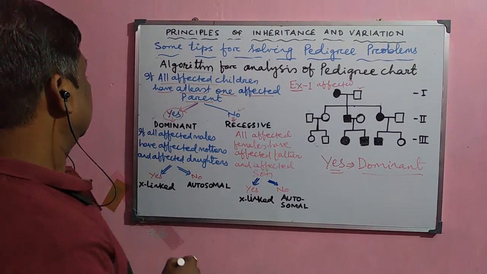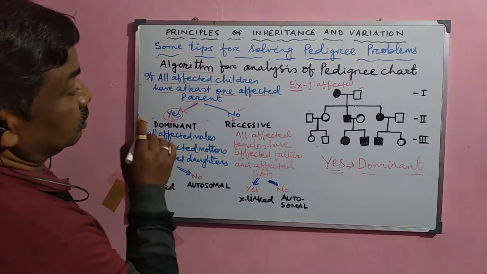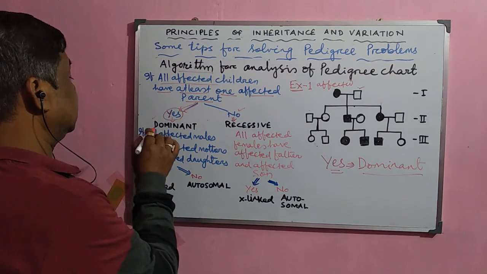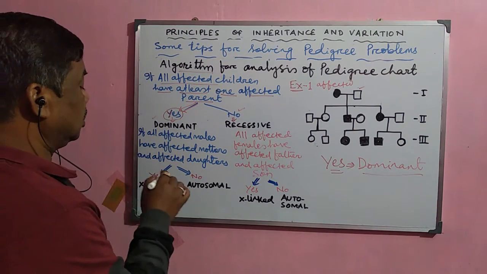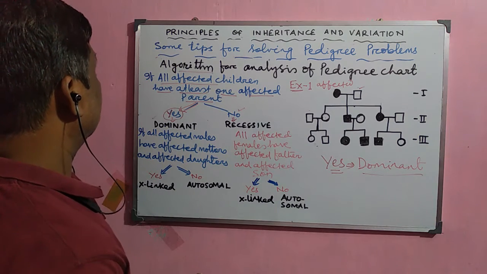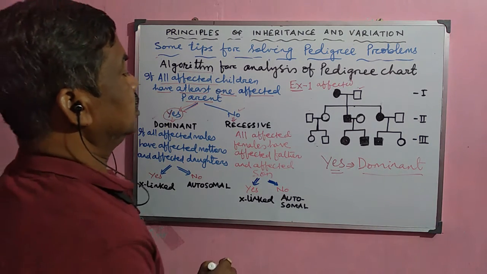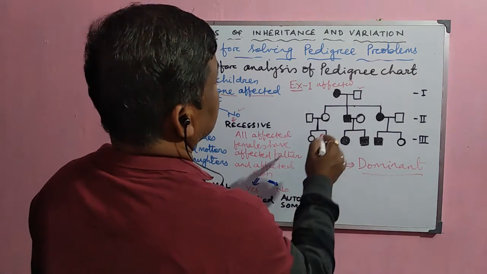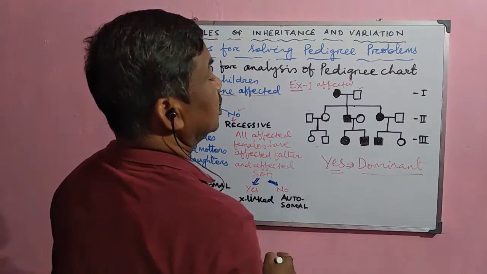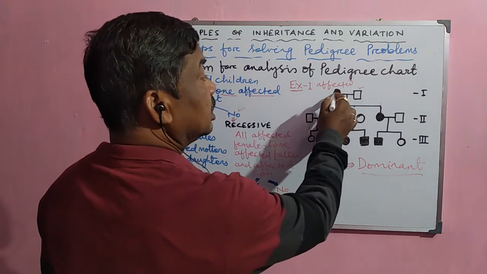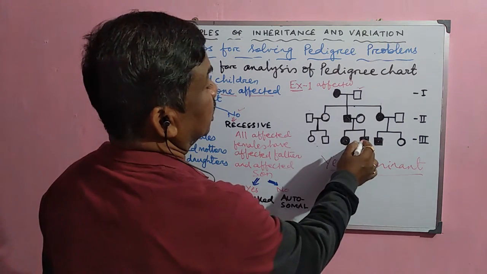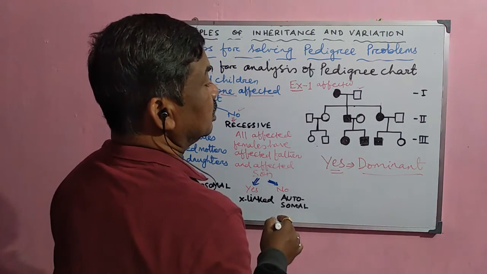Next, when it is dominant, whether it is X-linked or autosomal. If all affected males have affected mothers, look here. This is an affected male, and no doubt it has an affected mother, but this other affected male does not have an affected mother.